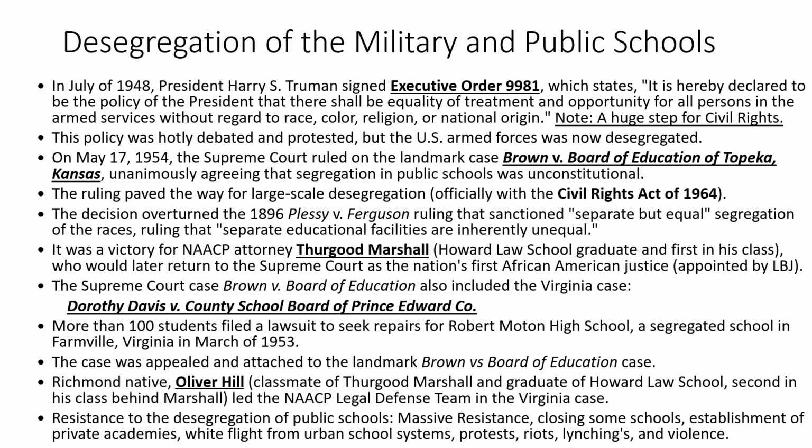Board is passed and desegregation happens, we start to see large waves of communities on the outskirts of cities start to grow, and that leads to white flight. Protests, riots, lynchings, and violence as a result of this.